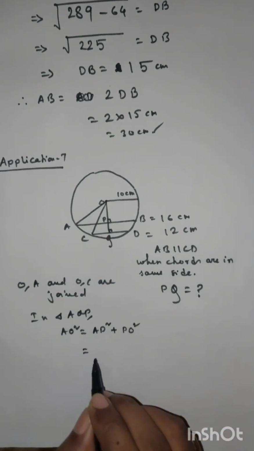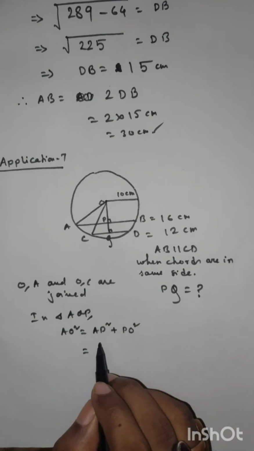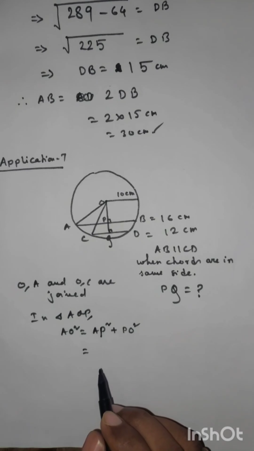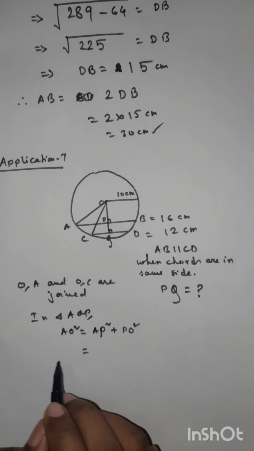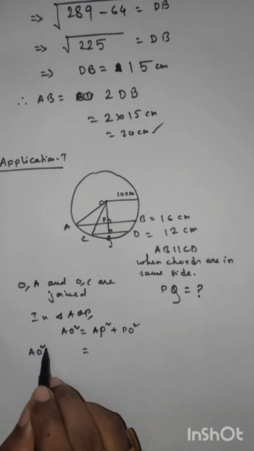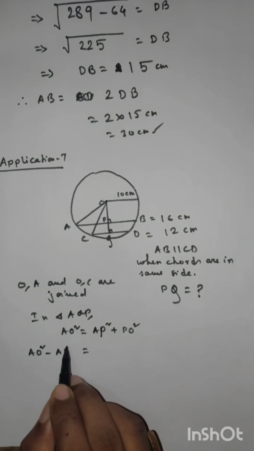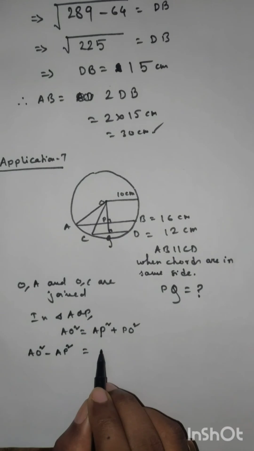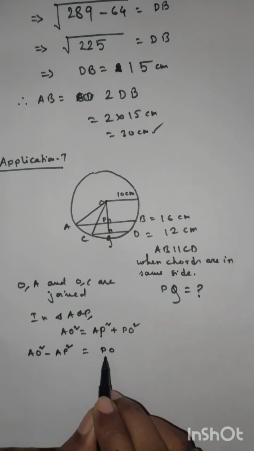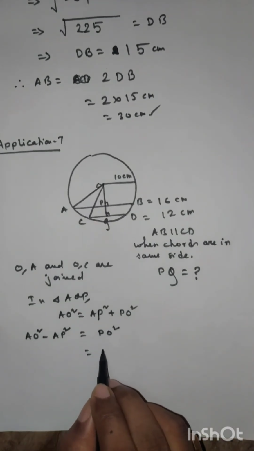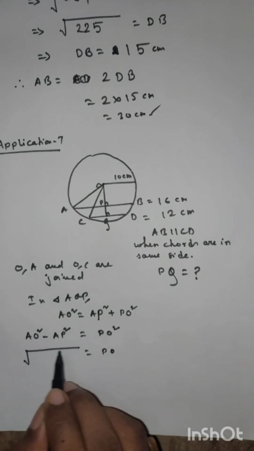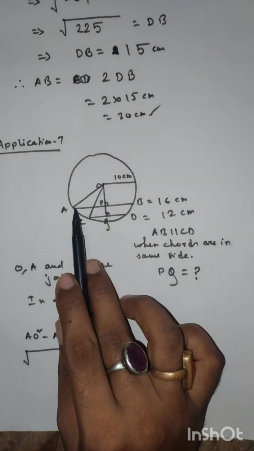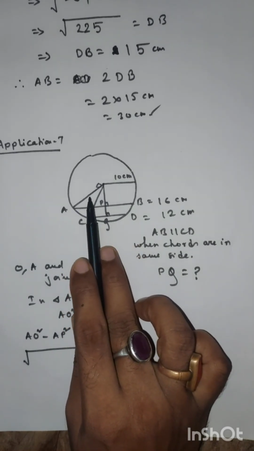Now AO square minus AP square equal to PO square. Therefore PO equal to root over this. So AO square, AO is 10. This is the radius, 10 square.